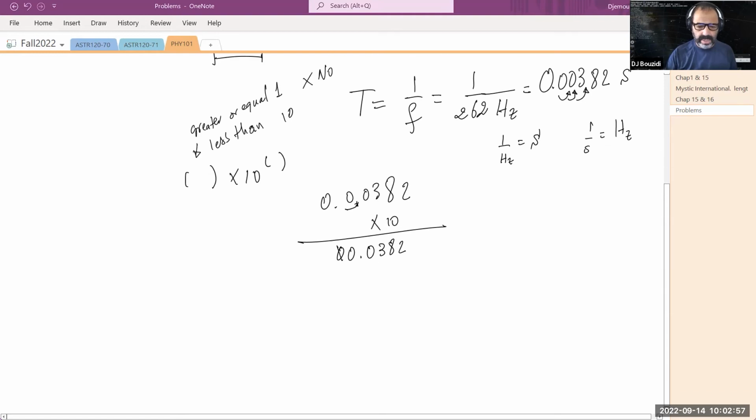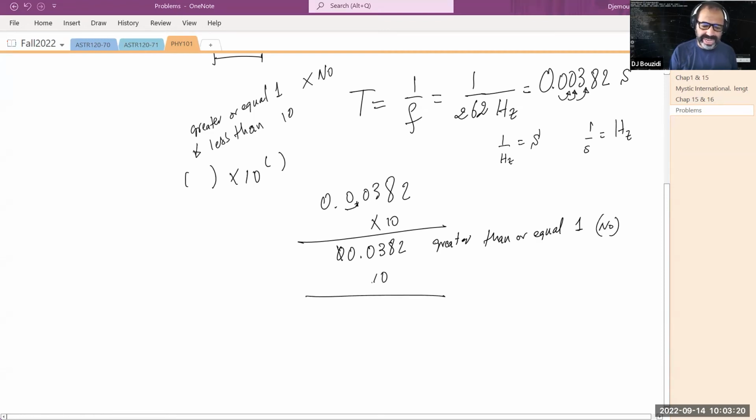So this is the answer if I multiply it by a single 10. I ask another question. Is this number greater than or equal to 1? And the answer is no. It's less than that. As long as the answer is no, I continue.